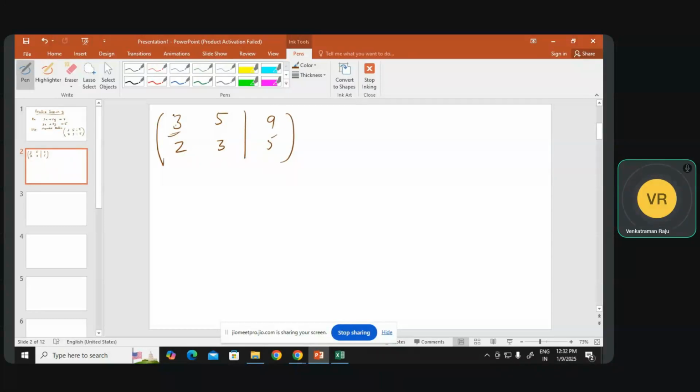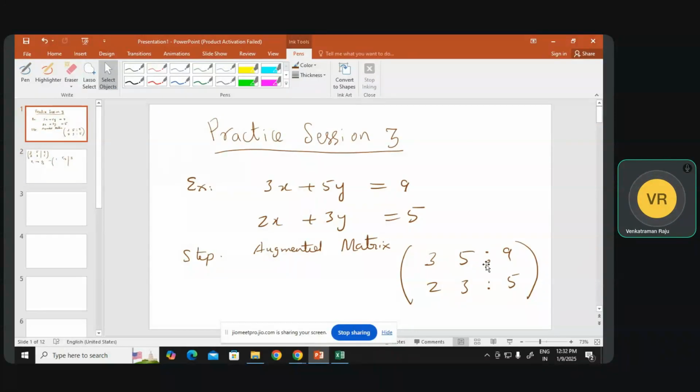This is the pivot element, what we call here. So R1 goes to R1 by 3. That leads to, I'll put a tilde to say that this elementary row operation gives rise to 1, 5 by 3, 3, because 9 divided by 3 is 3. The colon is standard, but I just put a vertical line to save time.